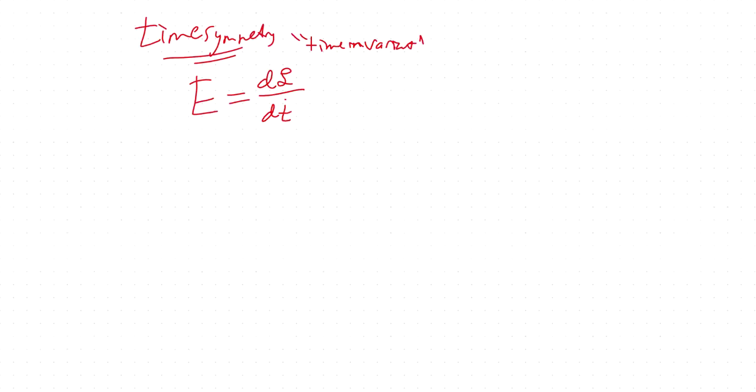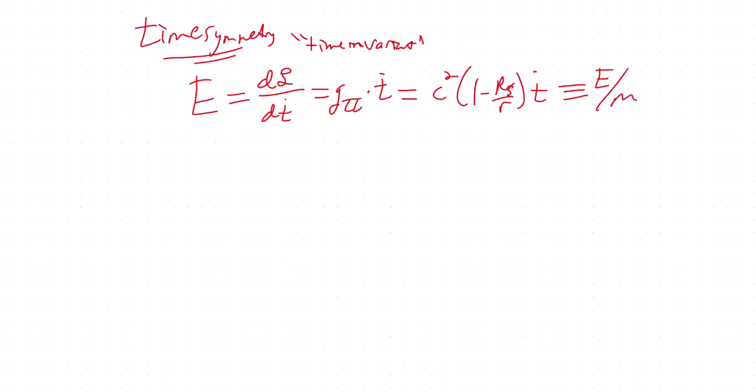And we ended up getting that that's g_tt times t dot, which is just c squared (1 minus rs over r) times t dot. And we define that as the energy over the mass. If you want to multiply by the mass, you get that energy equals mc squared times (1 minus rs over r) times t dot. But remember, t dot is just gamma.